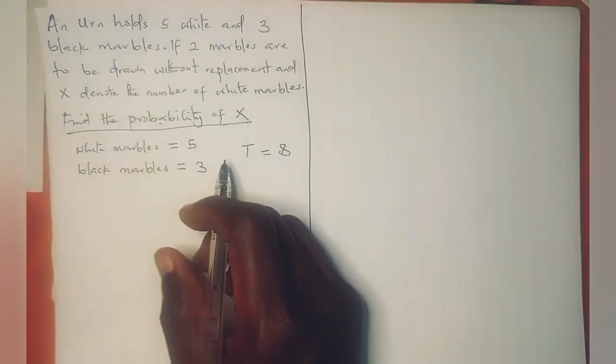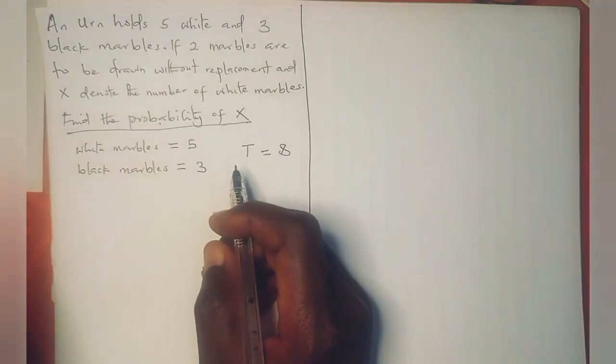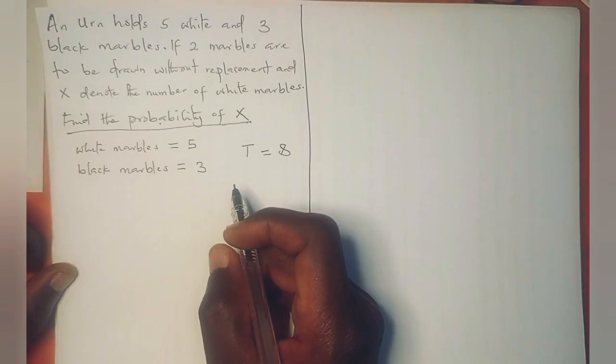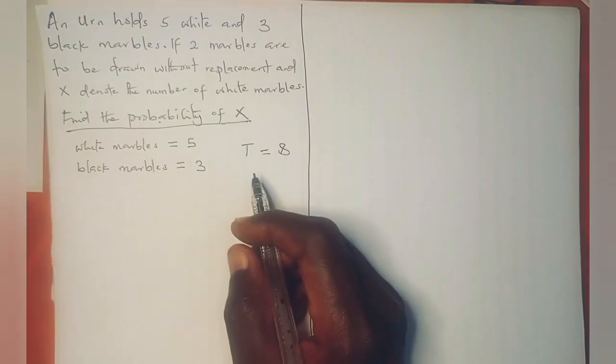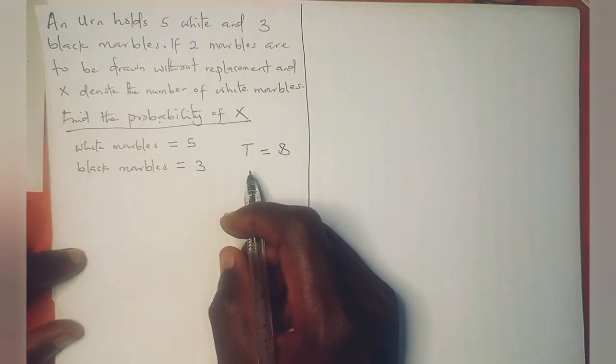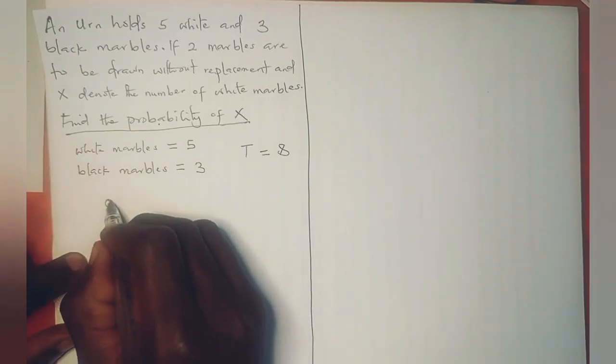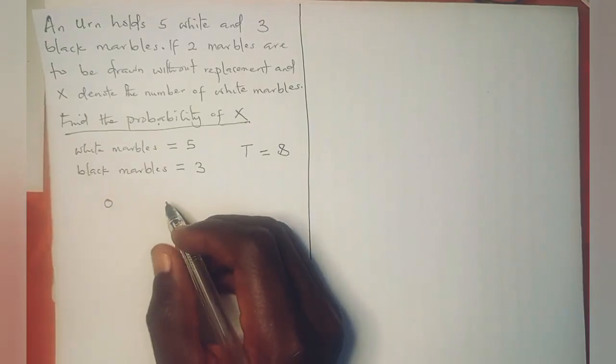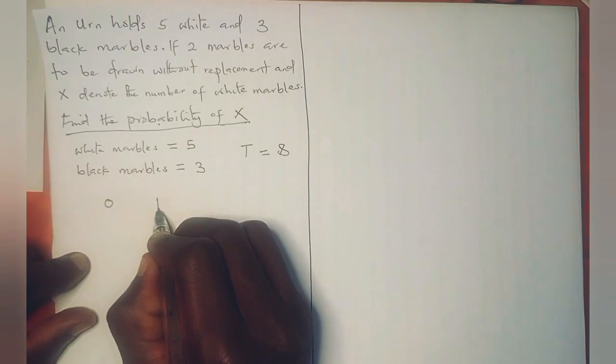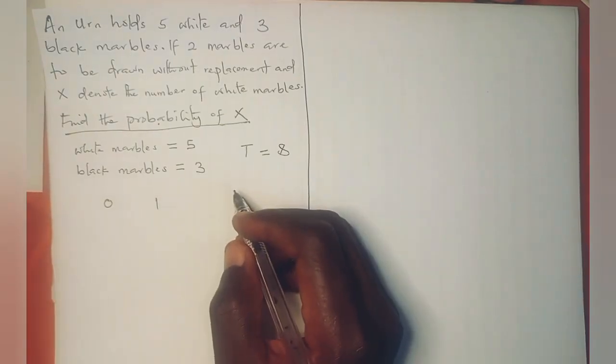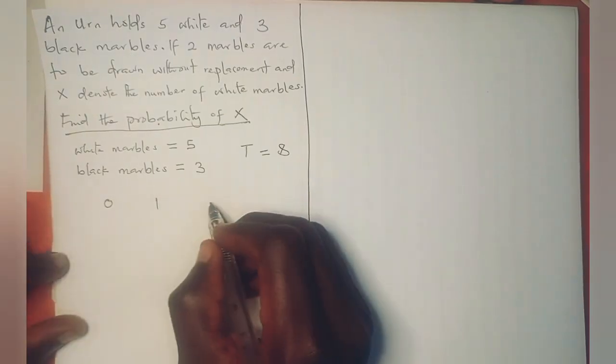So how do we find the probability distribution of x now? In this case, it is either white does not appear at all, which is 0, or white appears once, which is 1, or white appears twice, which is 2.